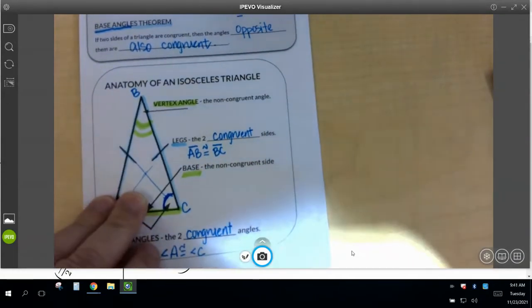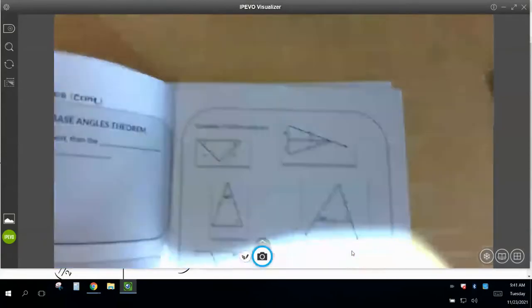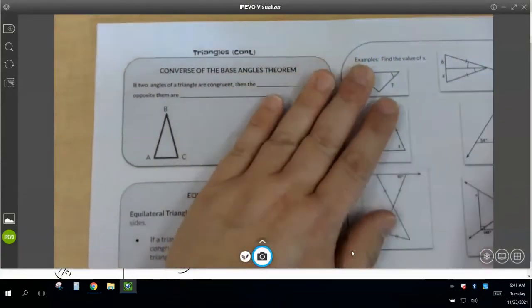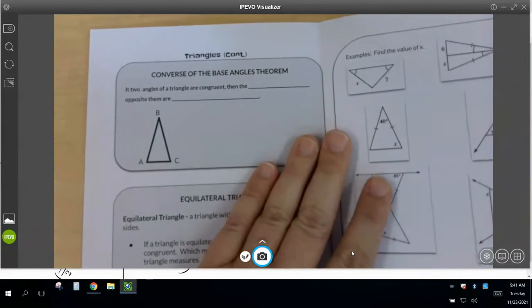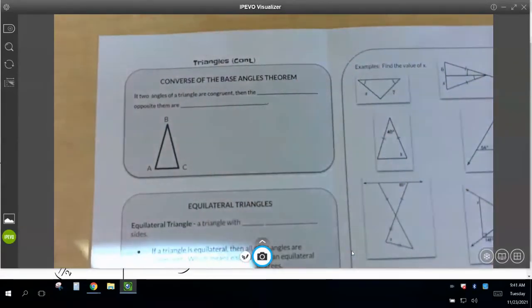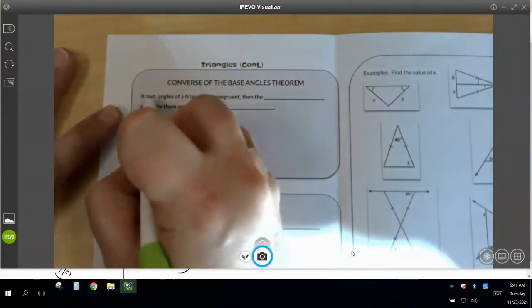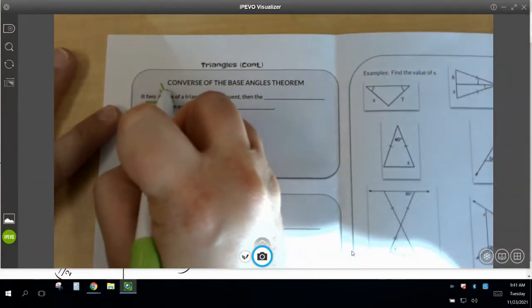All right. So if we open up our notes to the next part, we have another theorem that's called the converse of the base angles theorem. Basically, that means that we know that the angles of the triangle are congruent to each other instead.